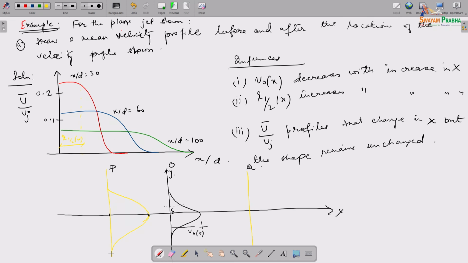Okay, I think I did not write this here. So this is the location delta where you essentially have half the velocity, and we also found that r half actually increases with increase in x, which means that here at P, r half is going to be less than what it is at O, at the given location basically.